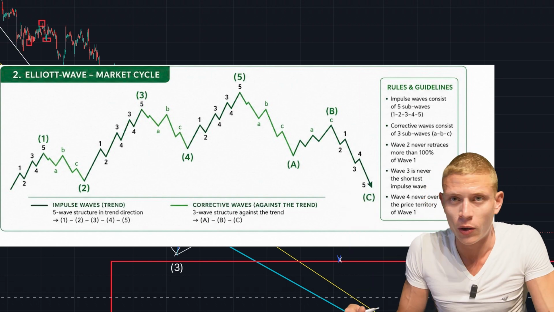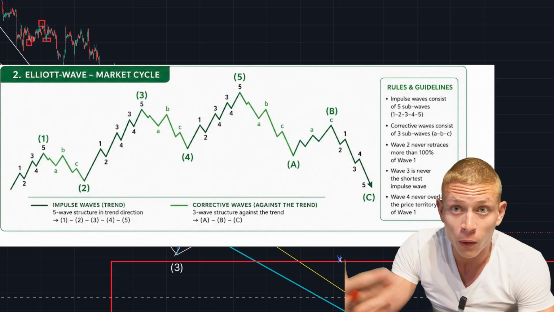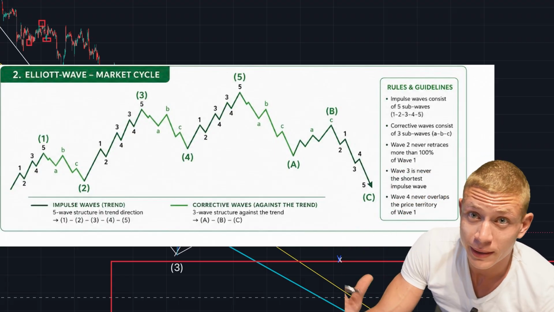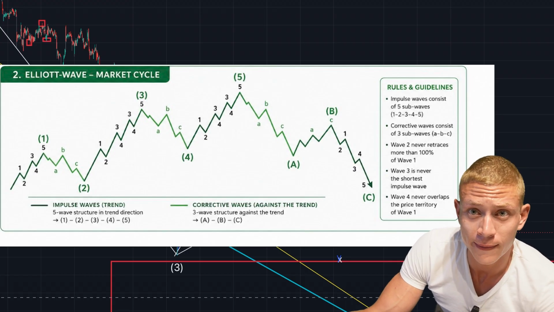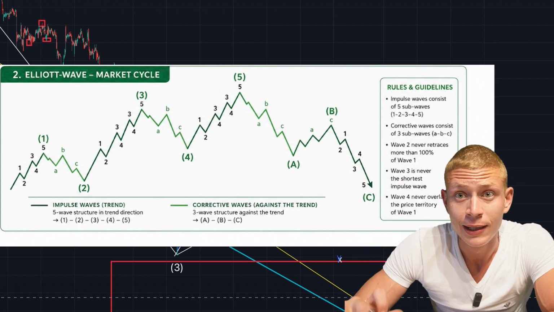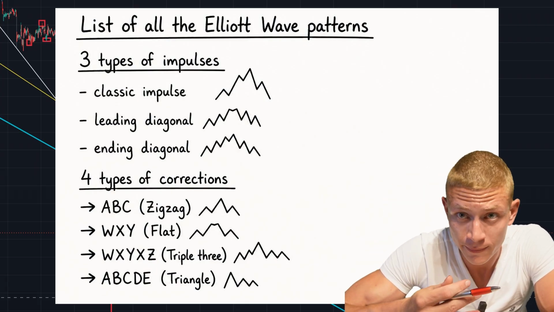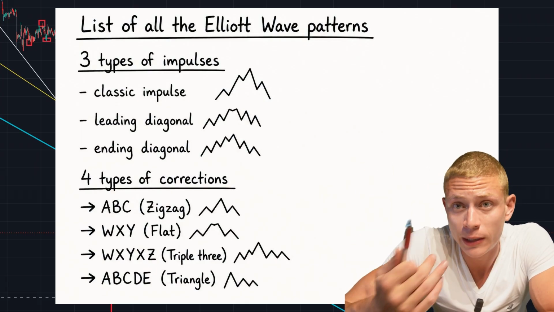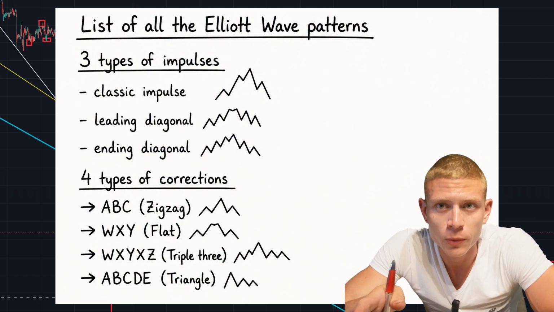But understand that overall there is some kind of wave pattern which is repeating over and over, and not only one wave pattern. There are actually several kinds of wave patterns, but there are 2 overall categories. One category is the impulses, which are all the strong moves, and one category is the corrections, which are the weak moves.